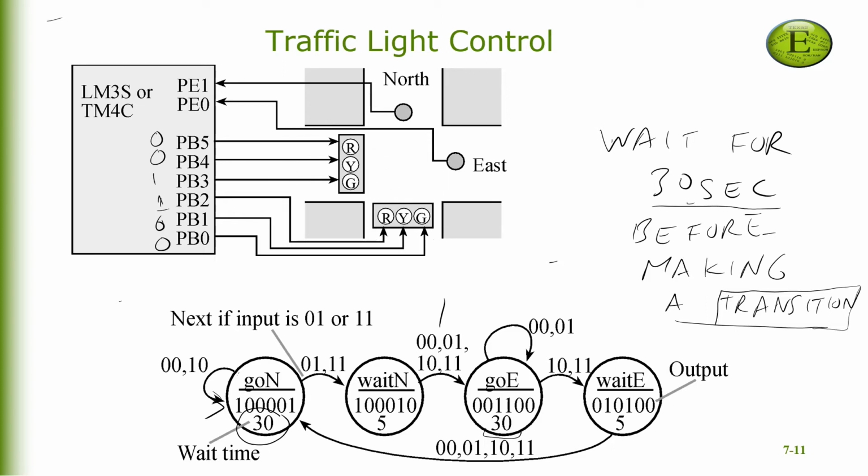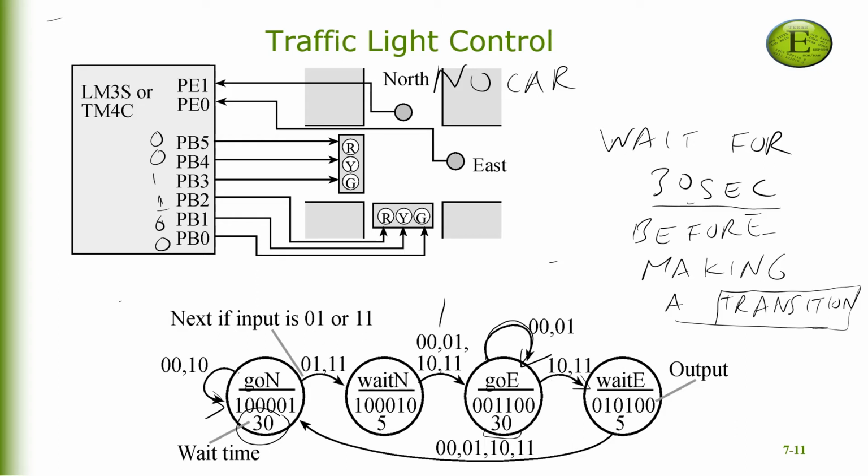All right, so here we say that if there is a car on the north, then we shall make this transition after 30 seconds. And if there is no car on the north, then we shall remain in the same state.